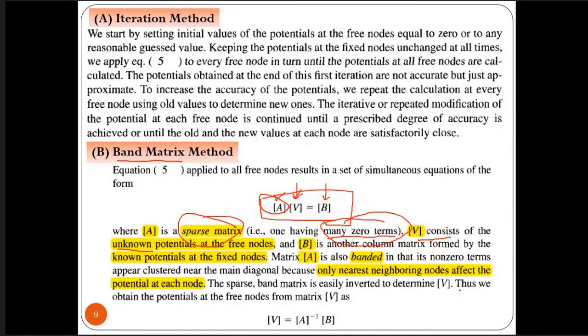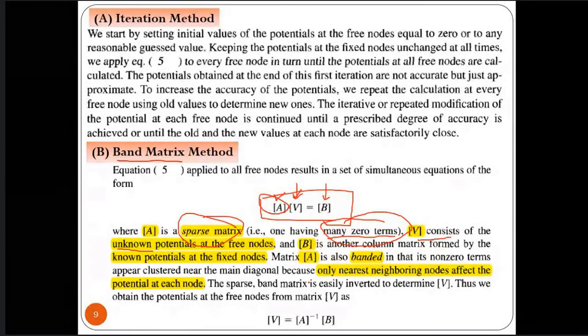That is, the zero elements are concentrated around the diagonal elements. That's why it is called the banded or band matrix.